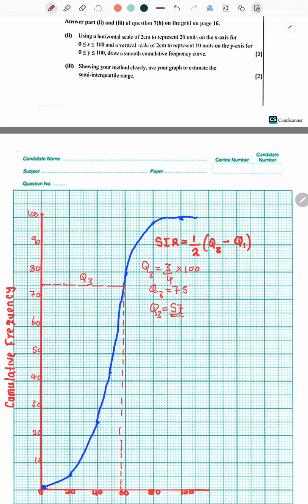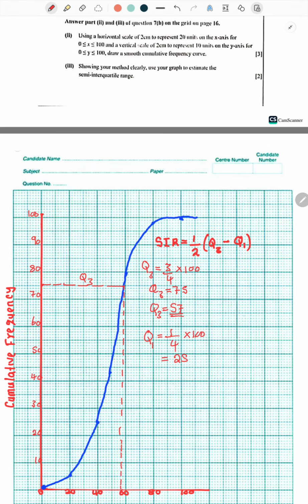Then you find your first quartile. First quartile is equal to 1/4 multiplied by 100, which is 100 divided by 4, which is 25.